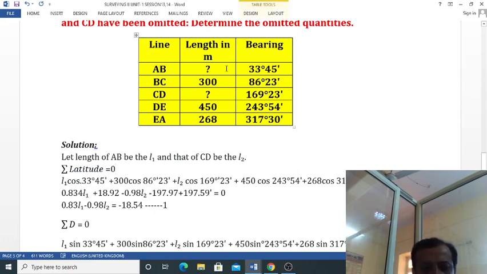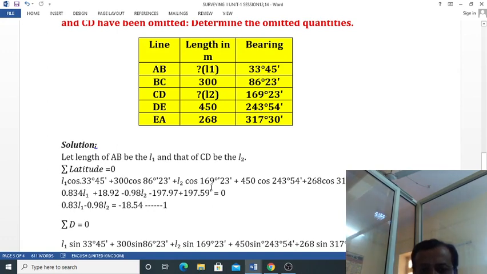Therefore, it is L1 cos 33 degrees 45 minutes plus 300 into cos 86 degrees 23 minutes plus L2 into cos 169 degrees 23 minutes plus 450 into cos 243 degrees 54 minutes plus 268 into cos 317 degrees 30 minutes. This should be equal to 0. That is, the algebraic sum of latitude should be equal to 0.